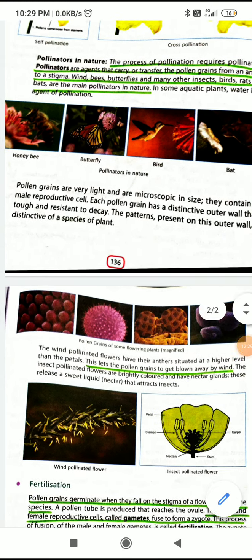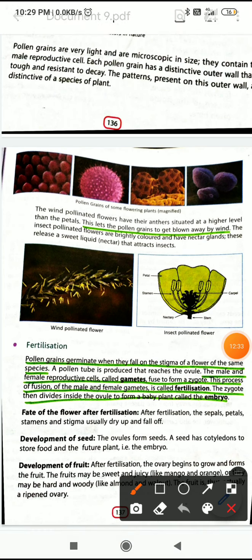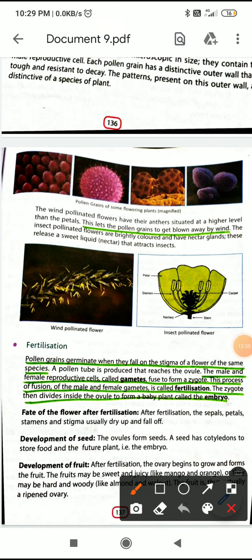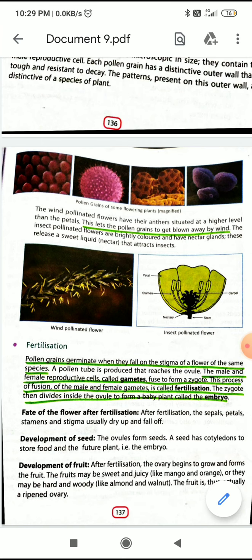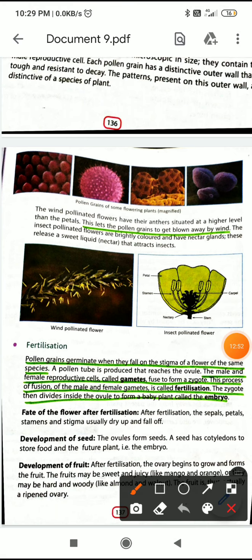Now see here. Some pollen grains are shown to you in your book and you must draw them. Pollen grains of some flowering plants. See in this box the shape and size of the pollen grains.